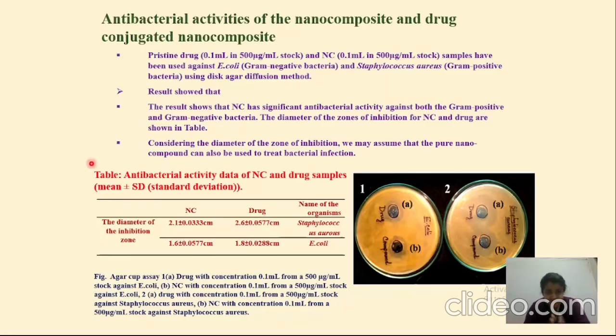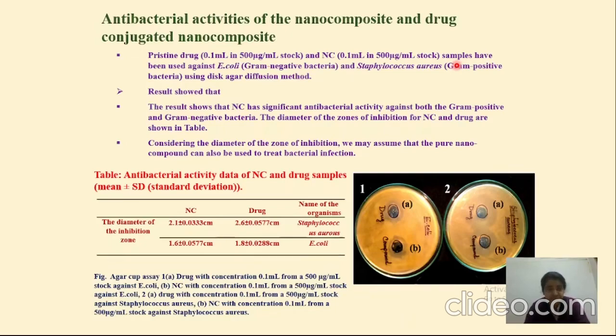So at first I am discussing the application of this type of drug conjugated nanocomposite as antibacterial agent. So here we have basically used two types of bacteria, like E. coli, a gram-negative bacteria, and Staphylococcus aureus, a gram-positive bacteria. And we have used the agar cup diffusion method.